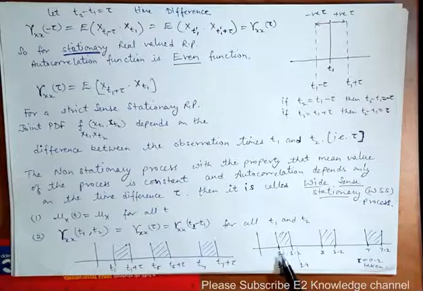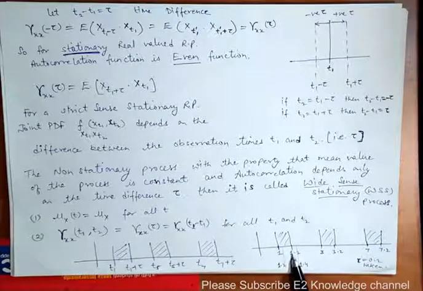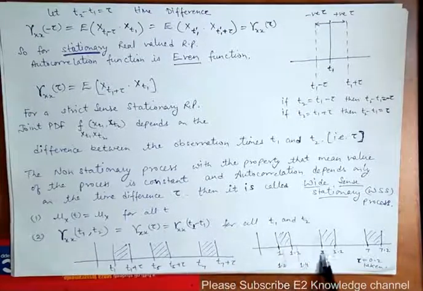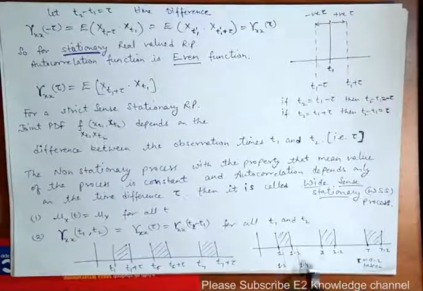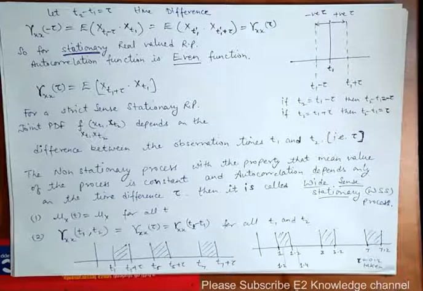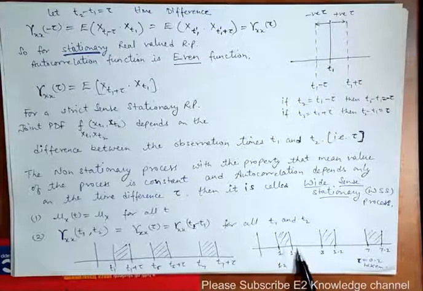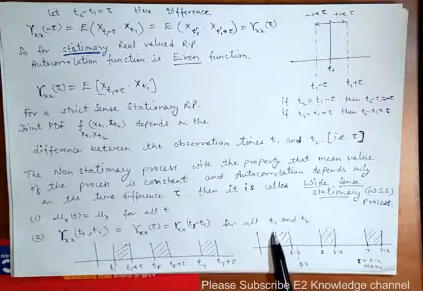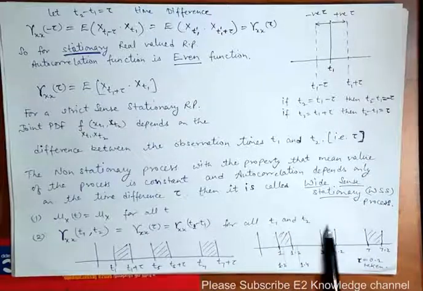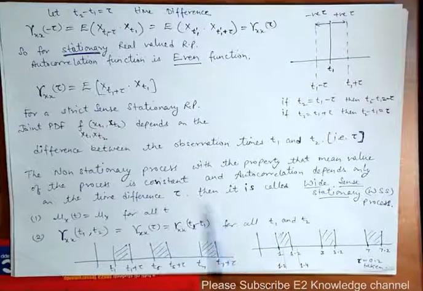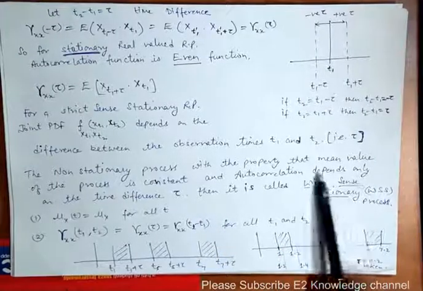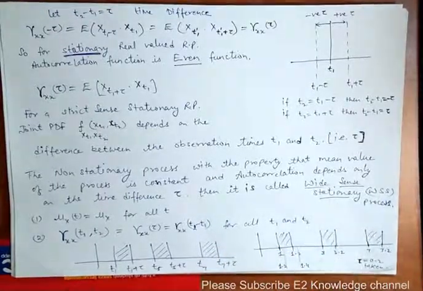For example, in numeric form, we calculate 1 to 1.2, then 3 to 3.2, where tau is 0.2, then 7 and 7.2, or further 1.2 and 1.4 also. Whether the shift of the window is very small or very large, the autocorrelation function will remain the same. Then this is known as a wide sense stationary process.